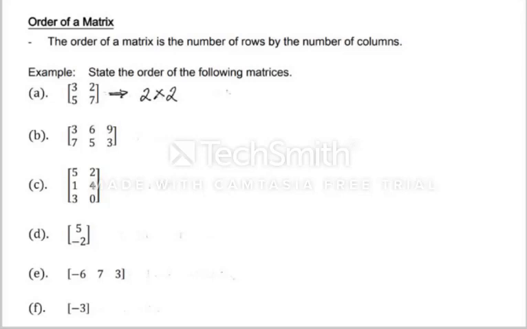A matrix in which the number of rows is the same as the number of columns is called a square matrix. So a 2 by 2 matrix is a square matrix.